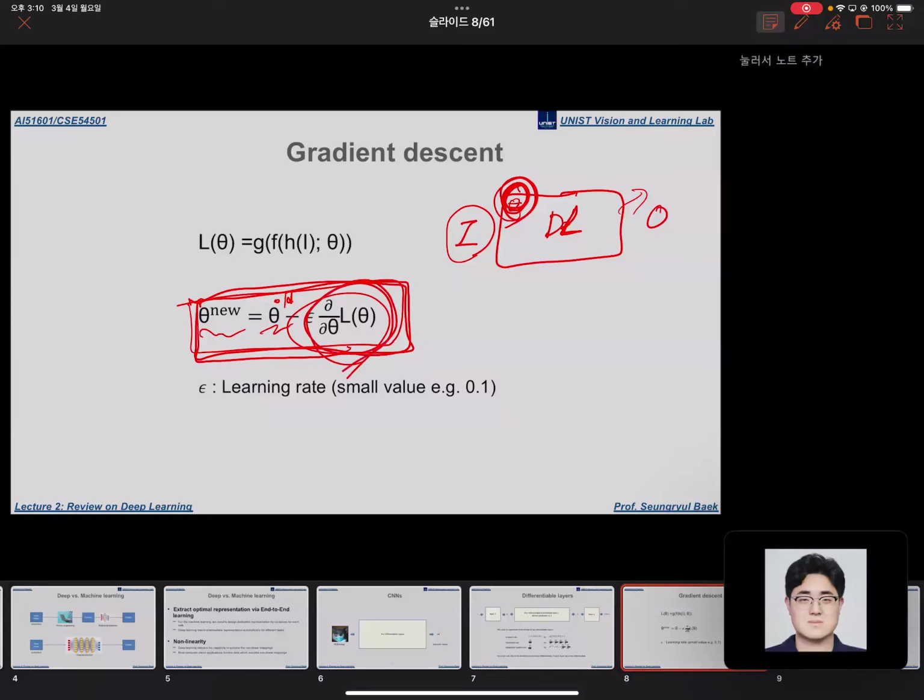And here you can see there's some value like this, dL, right? This L is a kind of loss function. It measures the distance between the ground truth and our final prediction.